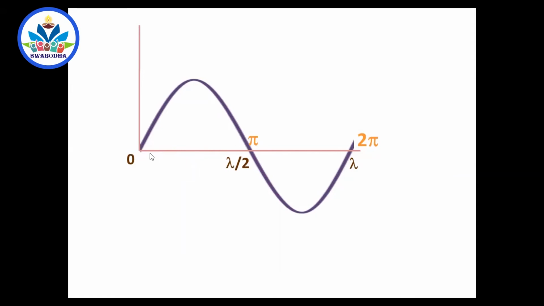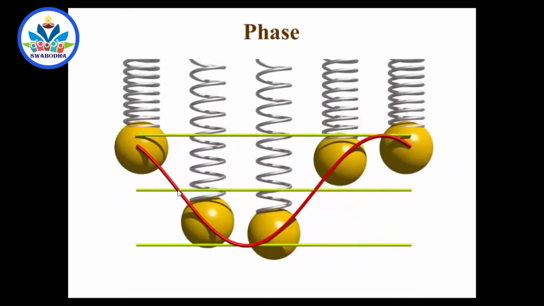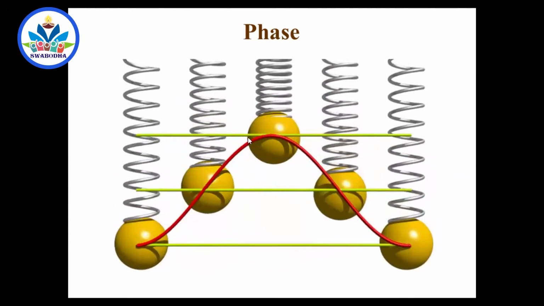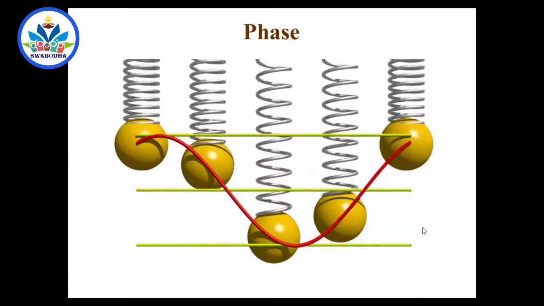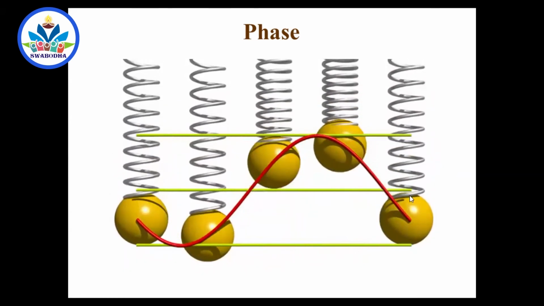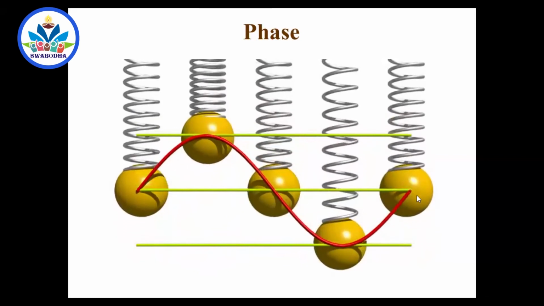That is always fixed. That need not be from the origin itself, anywhere. So these two particles are separated by a distance of lambda by 4. This is lambda by 2. This is lambda. At a distance lambda they vibrate identically, but they have a difference of one oscillation. So their phase difference is 2 pi, path difference is lambda.